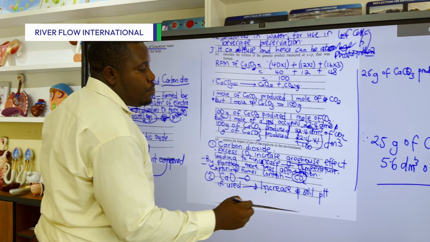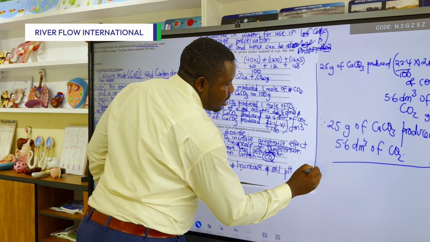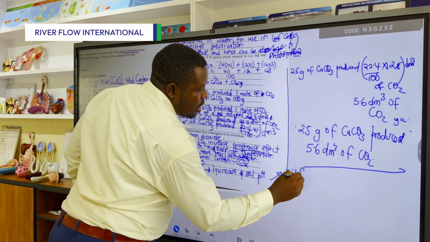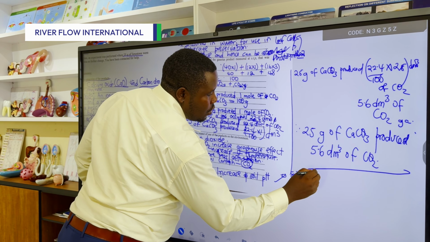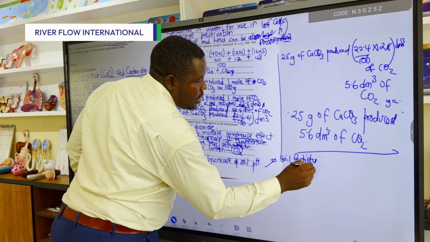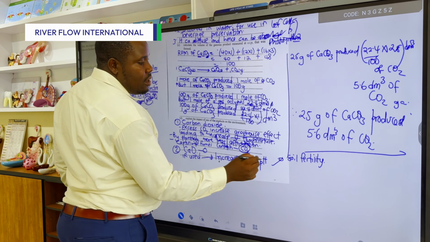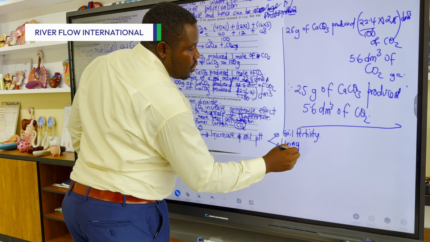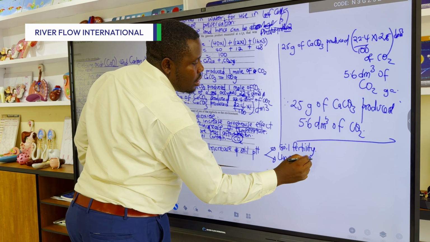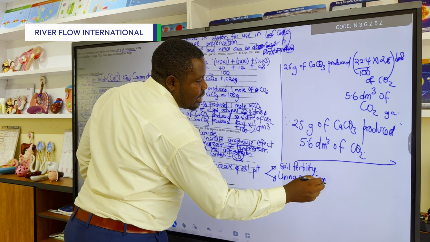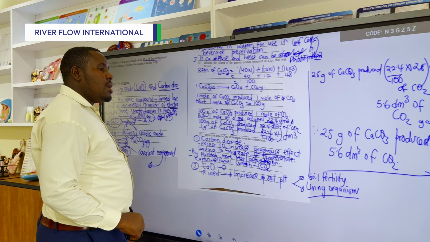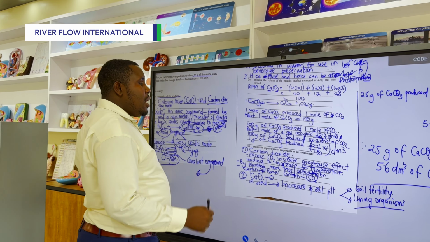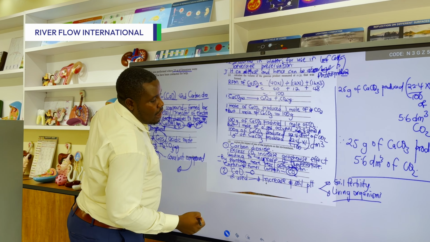And remember, soil pH affects soil fertility, and not only soil fertility, but also the living organisms. The living organisms living in the soil live there because of a certain pH. So if pH changes, they will not be able to survive.